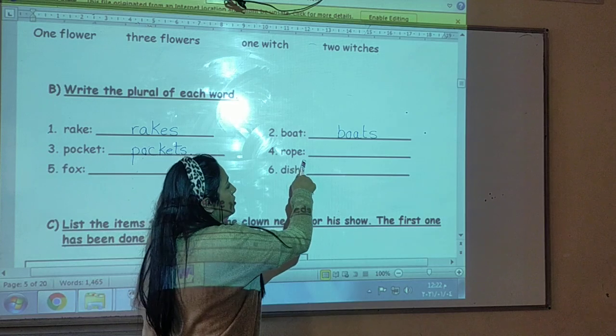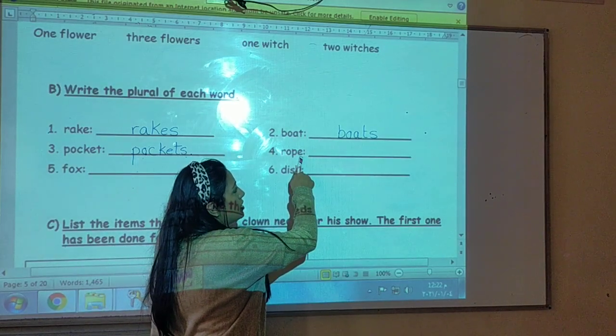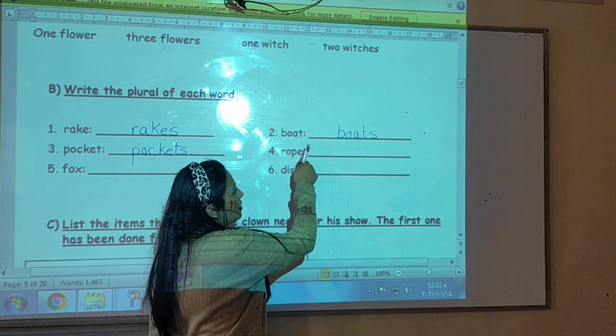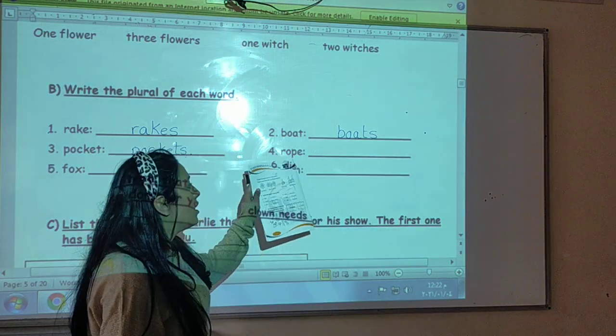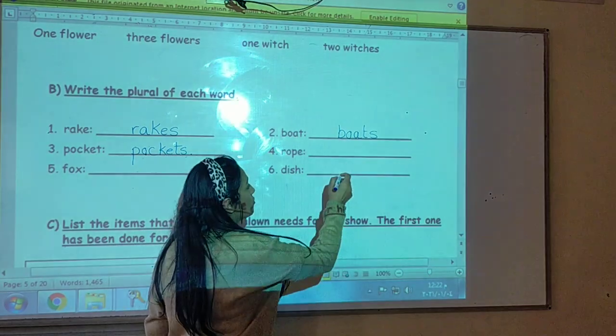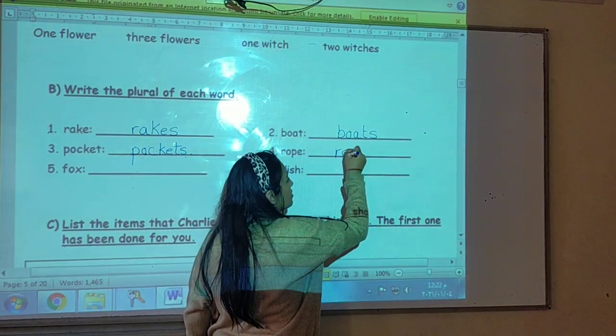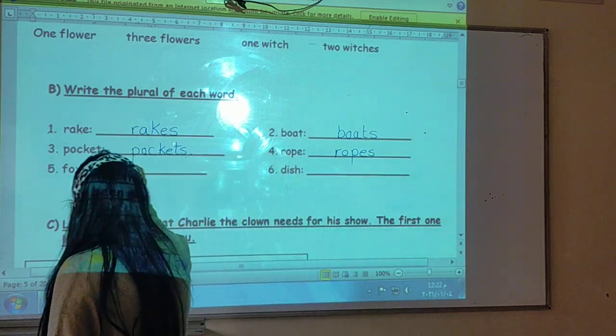Look here, rope. Does it end with any of the exception letters, or does it end with Y in the second exception case? No. So we are going to add just S. This is the normal case. Okay, fox.